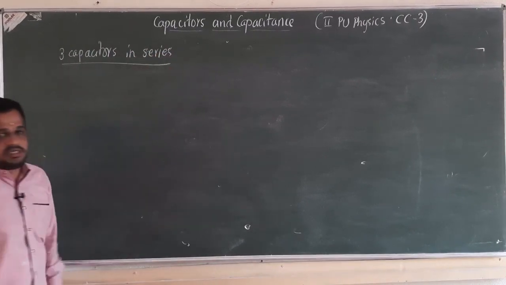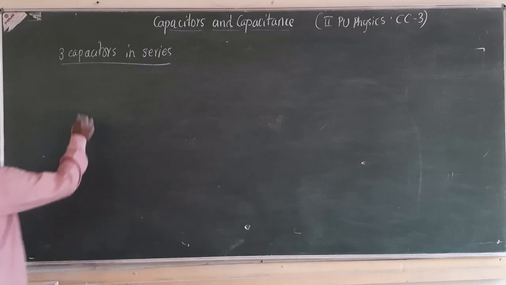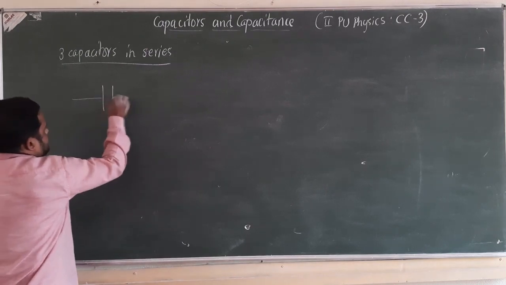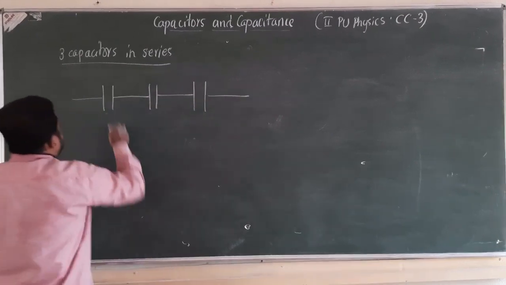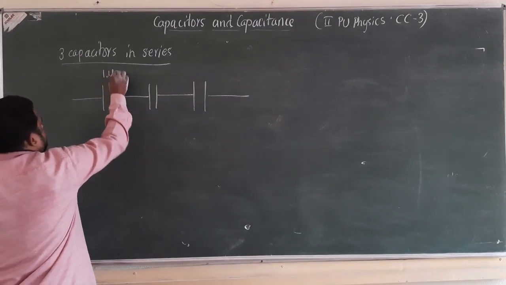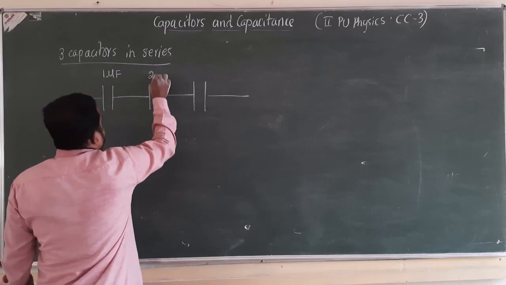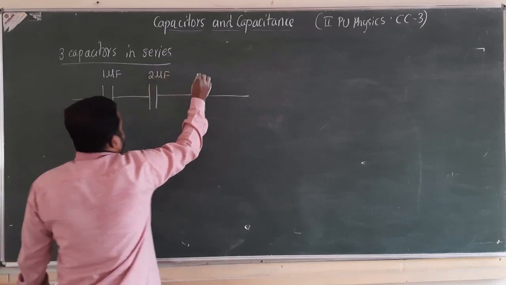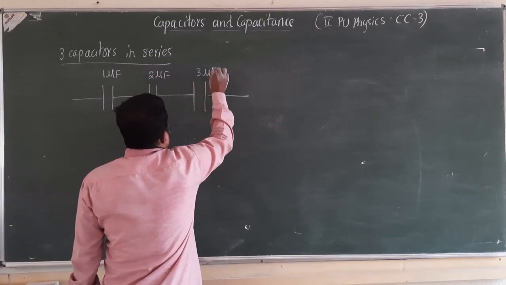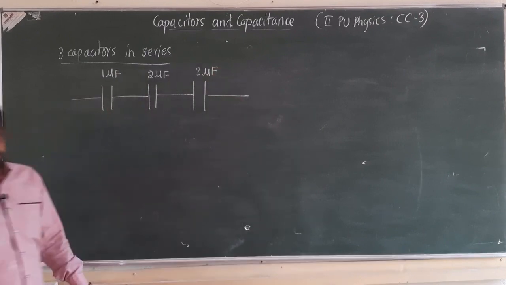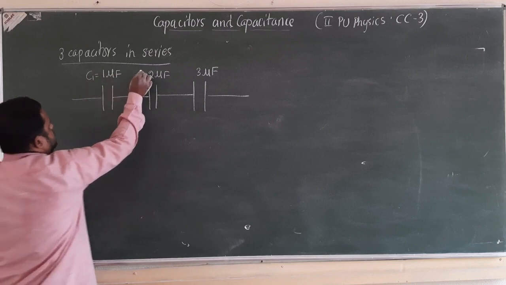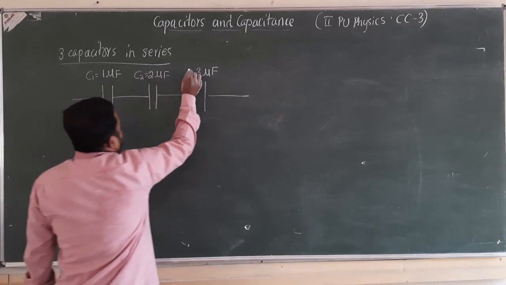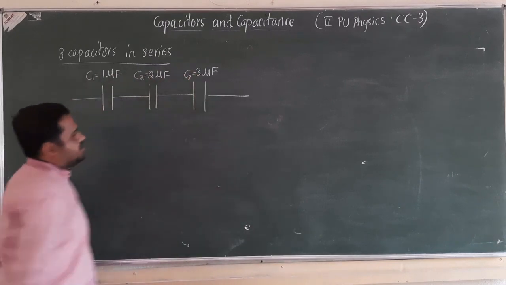So 3 capacitors are connected in series like this. Let the capacitance of the first capacitor be 1 microfarad, the second 2 microfarad, and the third 3 microfarad. Now C1 is 1 microfarad, C2 is 2 microfarad, C3 is 3 microfarad.